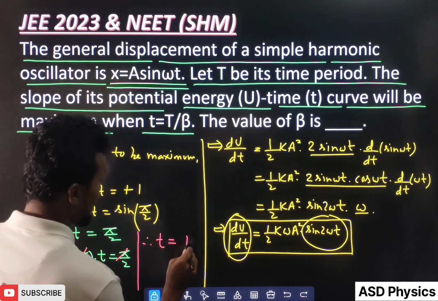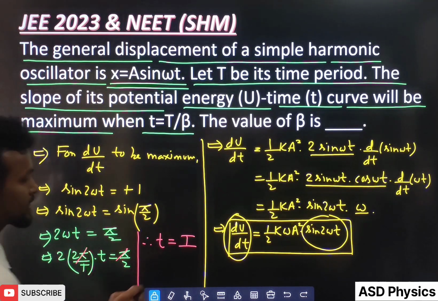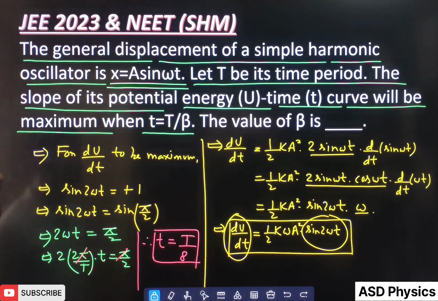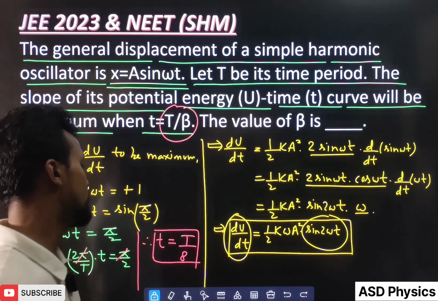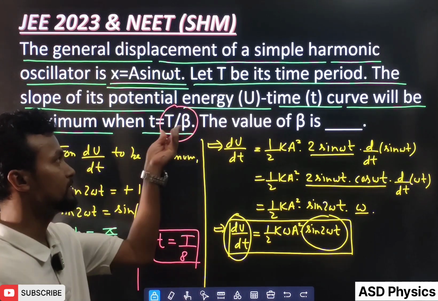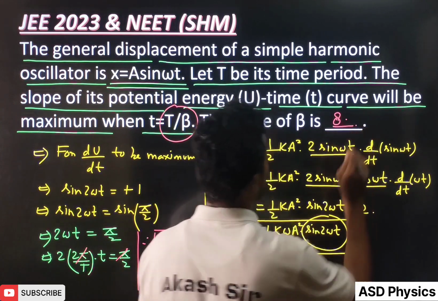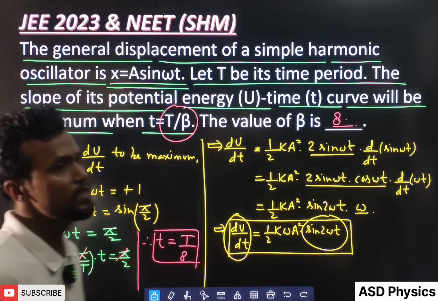Capital T goes to the right side, and 2 into 2 is 4, which goes to the denominator and becomes 8. So t equals capital T by 8. Comparing this with T by beta, beta is 8. So when beta is 8, the slope of the U versus t curve will be maximum.